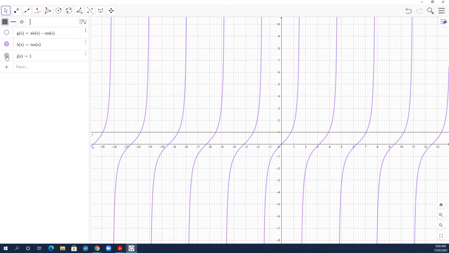So if I put in 1, you can see here that there are an infinite number of places where the two graphs intersect. And you're right, we can start with pi on 4. Pi on 4 will be there, and it'll be pi units apart in both directions.